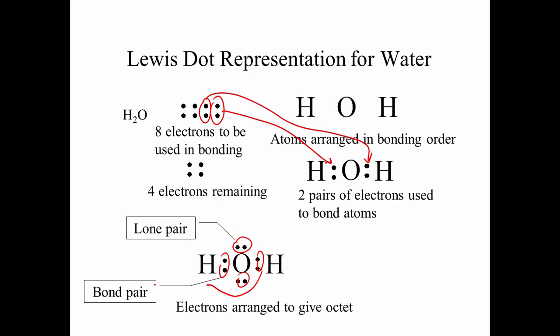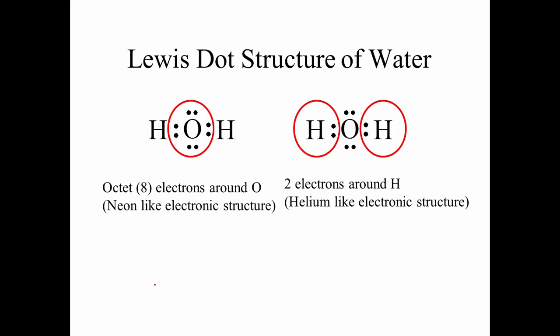Now let's count and see that we have indeed fulfilled the octet rule. We count the electrons around the oxygen: 1, 2, 3, 4, 5, 6, 7, 8. So oxygen has 8 electrons. It meets the octet rule. Hydrogen, there's 2 electrons here.